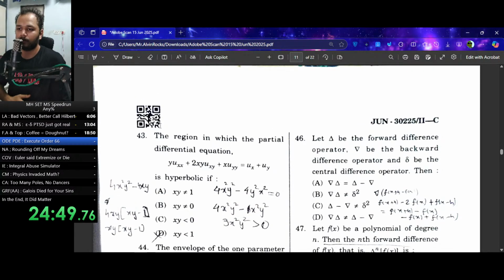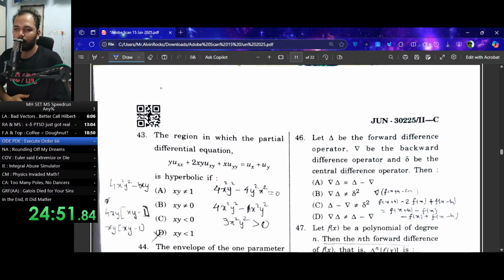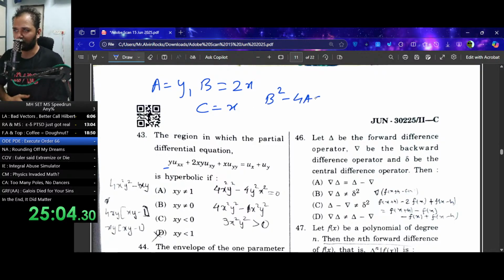Hyperbolic. Okay, this is your a is equal to y, b is equal to 2x, c is equal to x. b square minus 4ac implies 4x square minus 4xy.